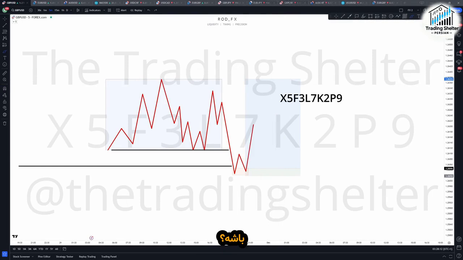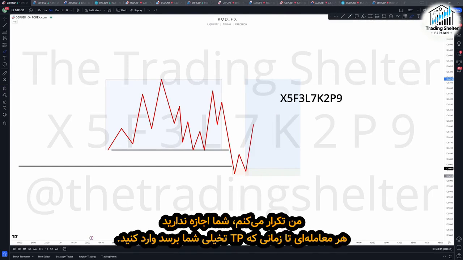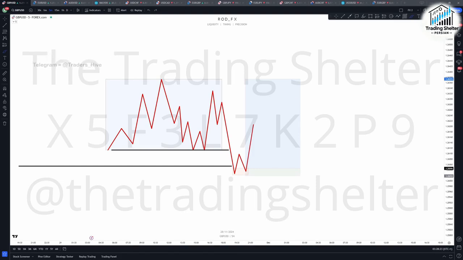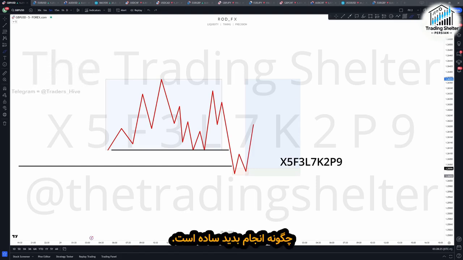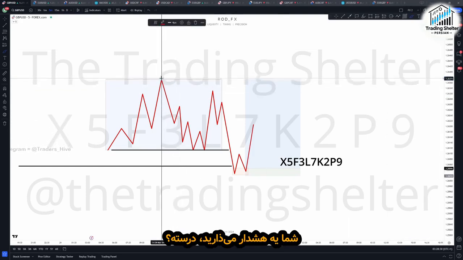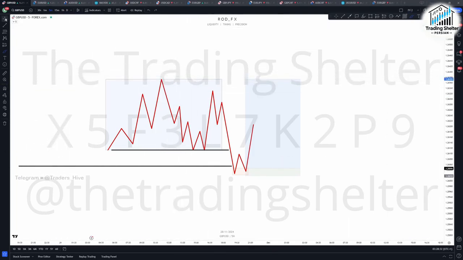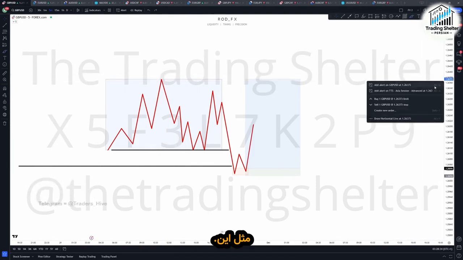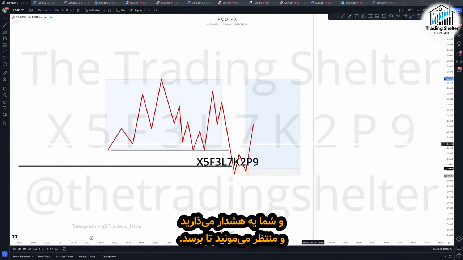I repeat, you are not allowed to enter any trades until your fictional TP is hit. How to do so is simple. You put in an alert here, like this, and you wait until it's hit.